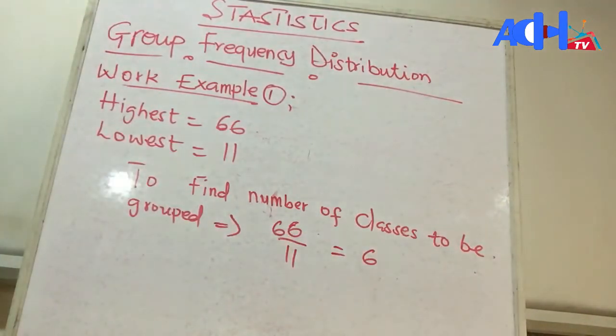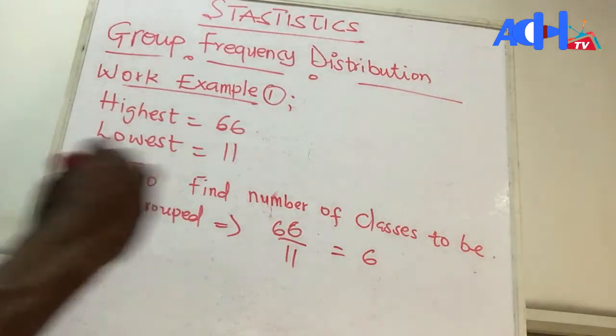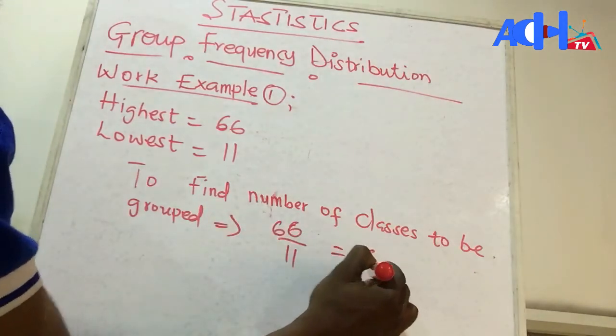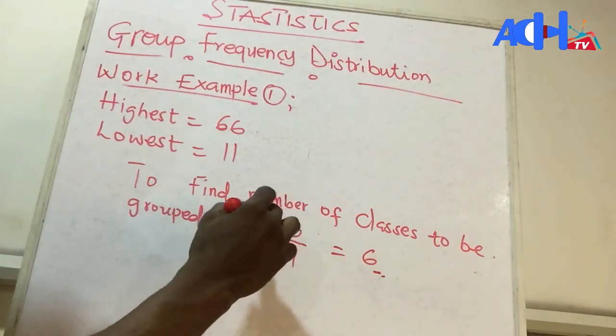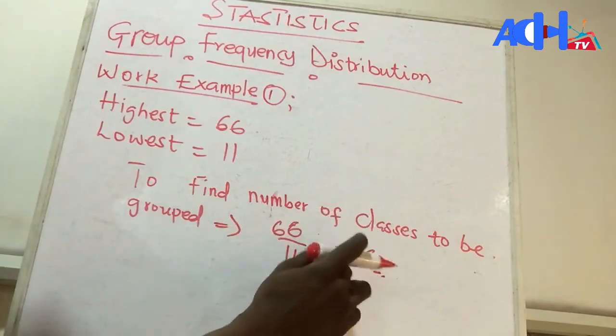Since we get 6 using our multiplication table, we get 6. So our number of classes is going to be arranged.